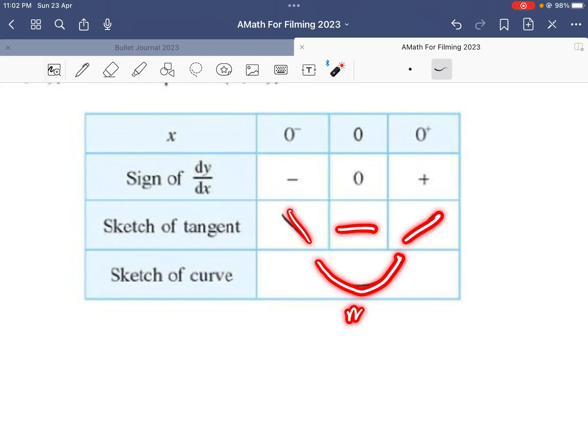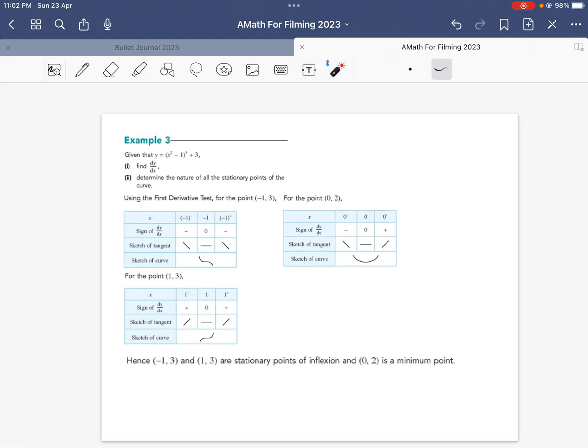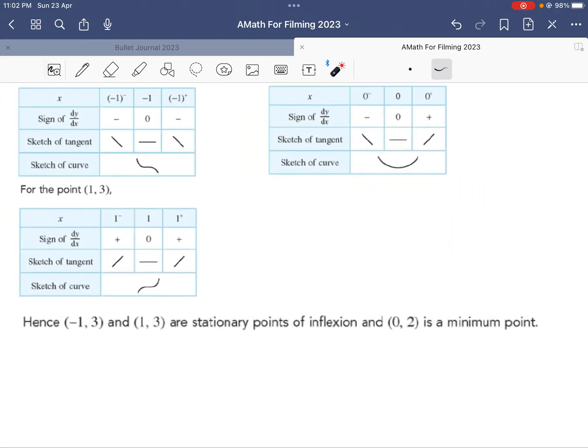So the sketch indicates that this is a minimum point. If I put all of it together, (−1, 3) and (1, 3) are stationary points of inflection, or you can just state that they are points of inflection, and (0, 2) itself is a minimum point.